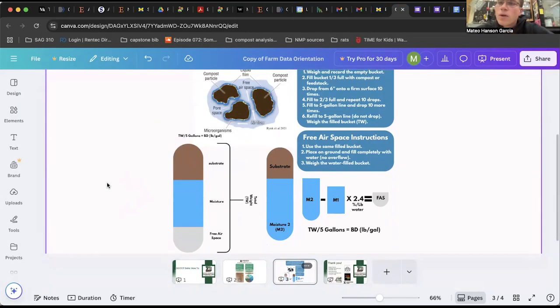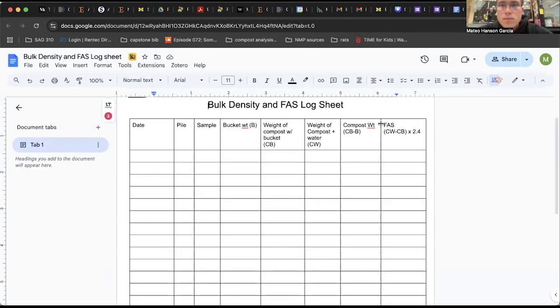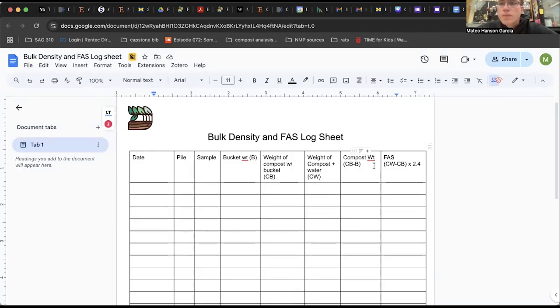And then we're going to walk you through some calculations as well. When you guys are in the field, you're probably not going to want to be on a Google form. And so I've created this bulk density and FAS log sheet to help you fill it out.